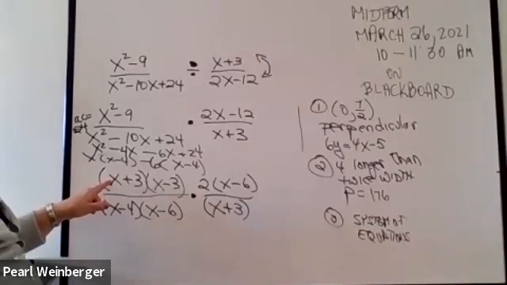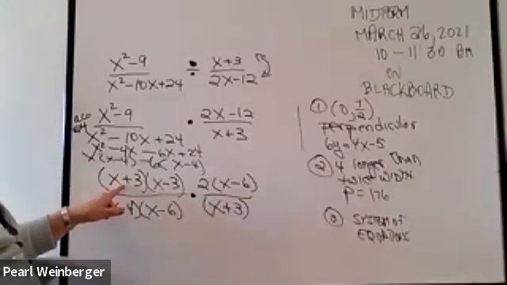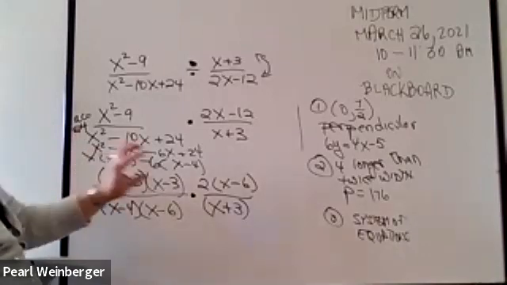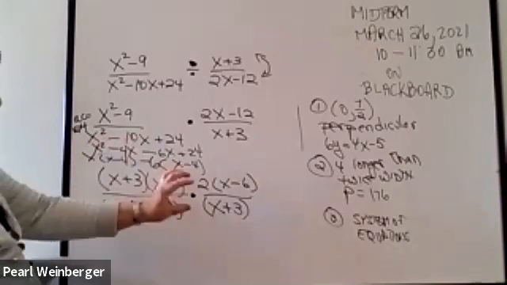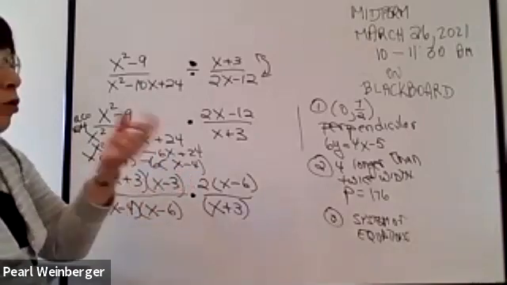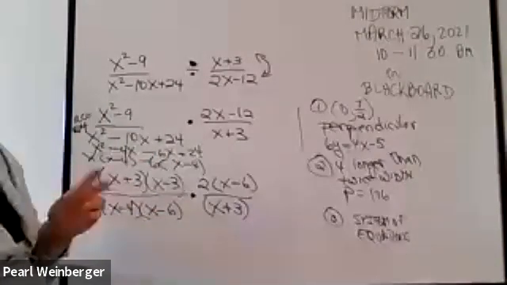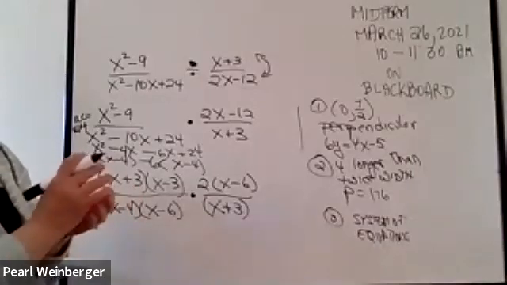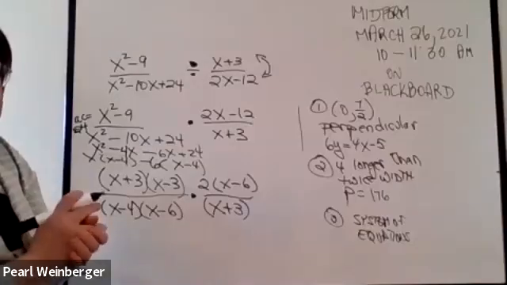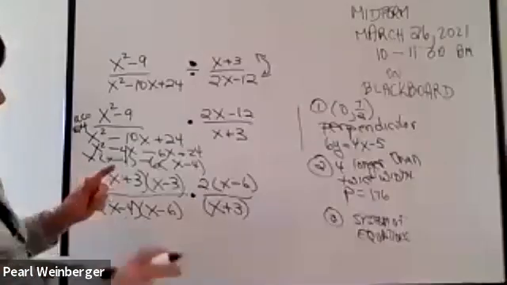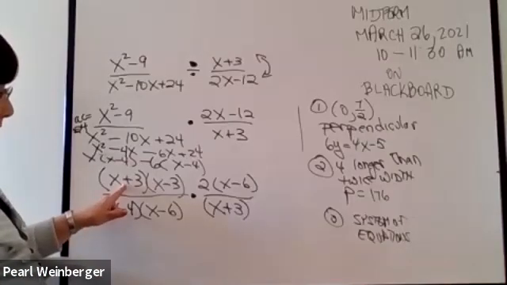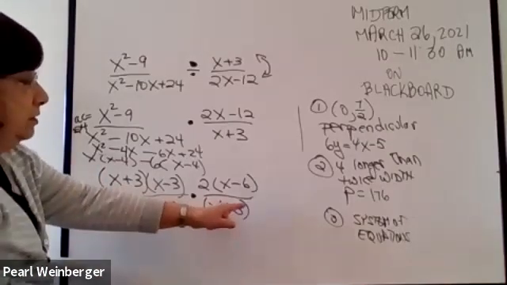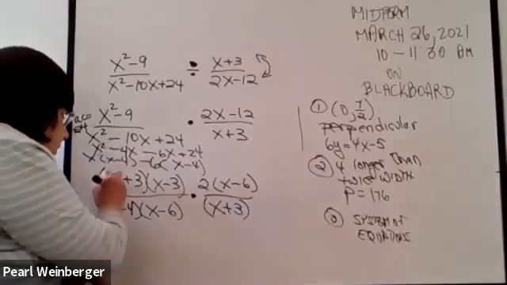I go along my numerators, go along my tops and see if there's anything in the denominator that I can cancel it with. And it's easy with the binomials because they have to be identical. The only difference could be if you switch the order. You can't switch the sign, just the order. Now there's an x plus 3 on top, and I notice here's an x plus 3 on the bottom.